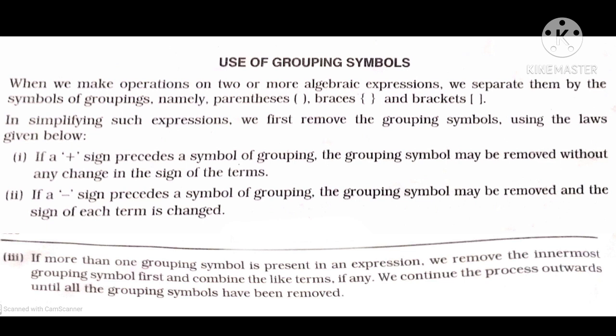That means when all the brackets are used, for example smaller bracket, middle bracket, square bracket, we remove the brackets by changing the operation signs according to the rules mentioned in 1 and 2, and then we collect all the like terms together and then we solve them. So let's do a few sums to understand all these three rules once again.